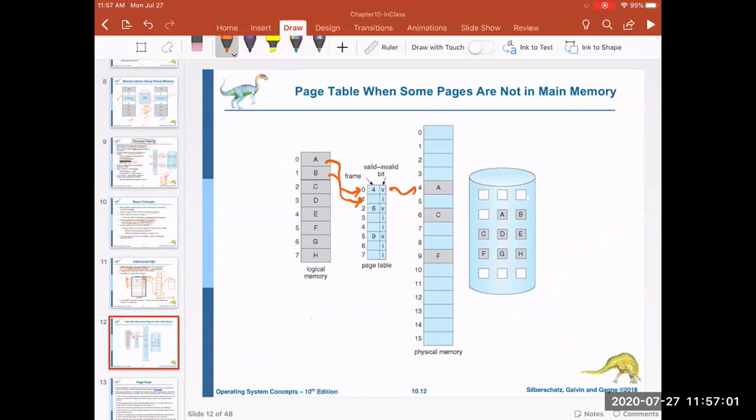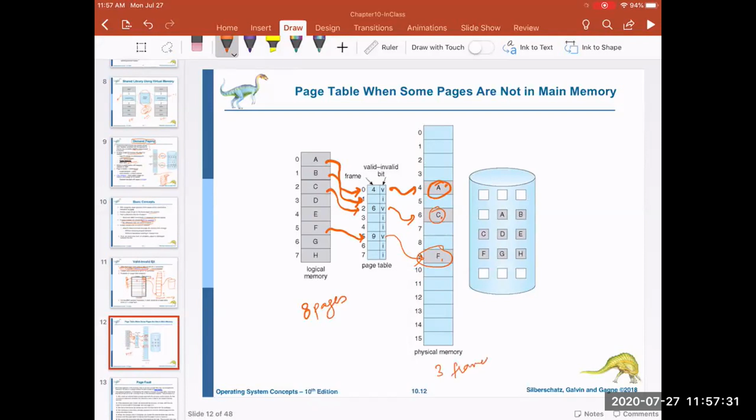Page number 2 is available at location 6, so we can go there. These are memory resident. Similarly, page number 5 is also available inside the main memory. So 3 frames are available out of 8 pages.